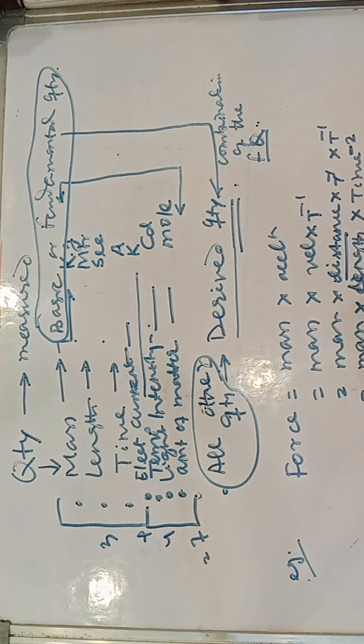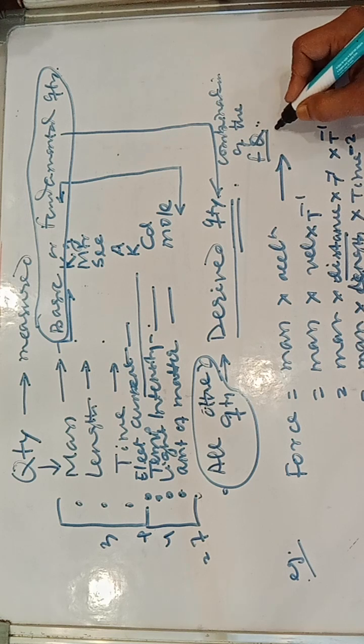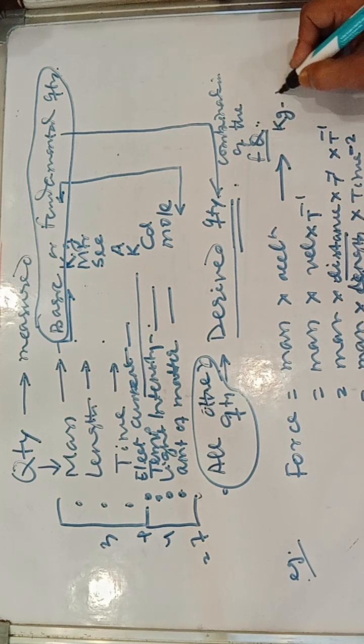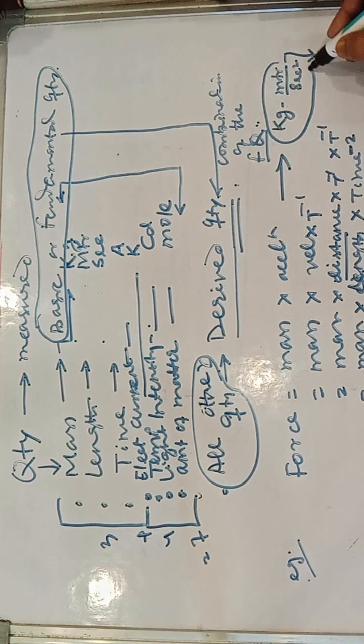It shows for mass it will be kg, for length it will be meter, for time it will be second. Now combinedly force will have unit of kg meter per second square, and let us say this total is given another name, that is Newton.